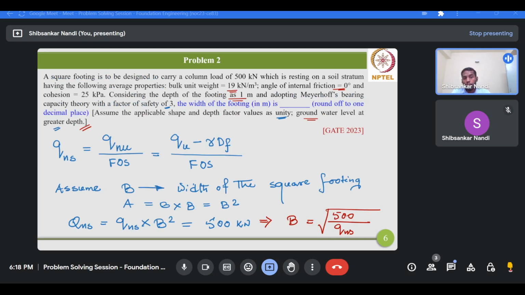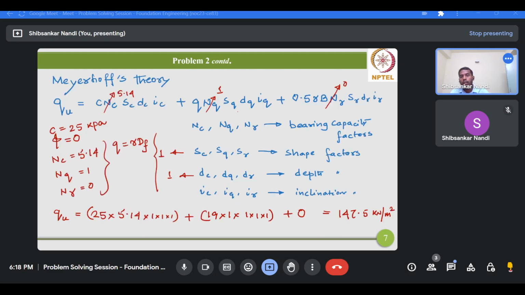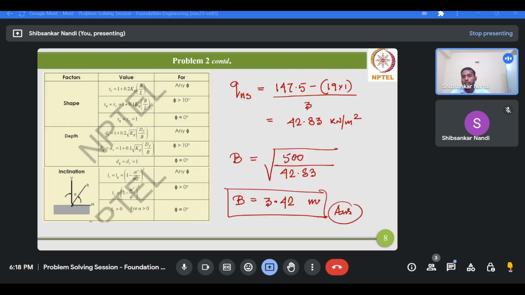Now, if this kind of statement is not mentioned in the problem, then you have to consider these factors as per this table. That means you have to calculate these values: shape factor, depth factors, and inclination factors. Okay.